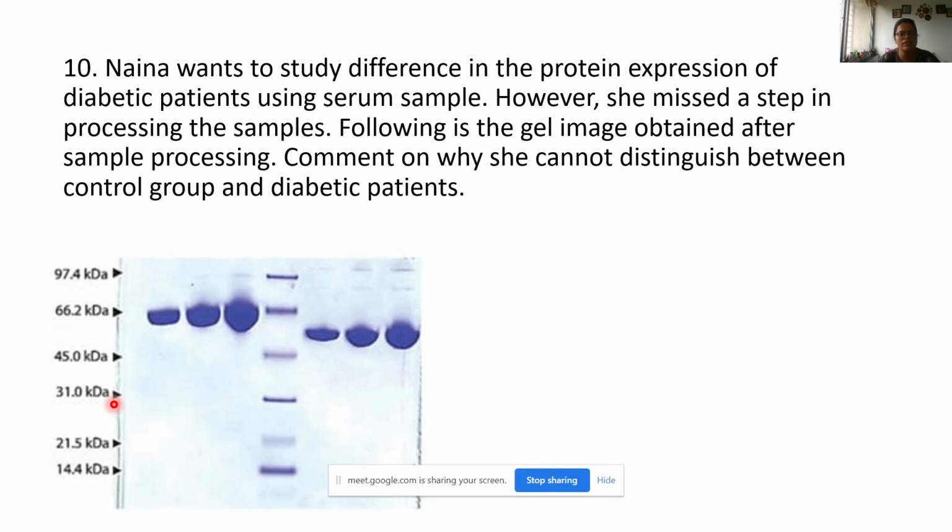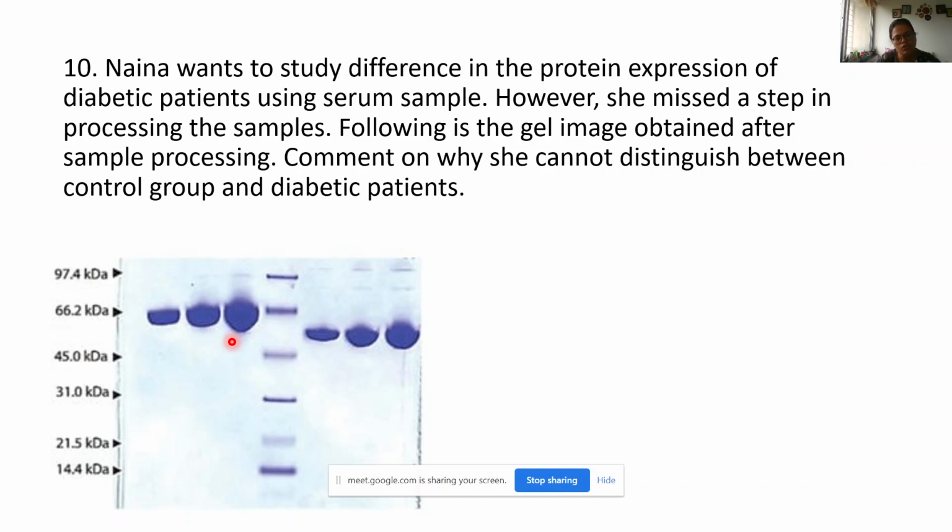That is why it is very important that you remove these highly abundant proteins from your samples before doing any proteomics experiment. Generally, affinity chromatography is carried out to remove these highly abundant proteins like albumins and globulins.